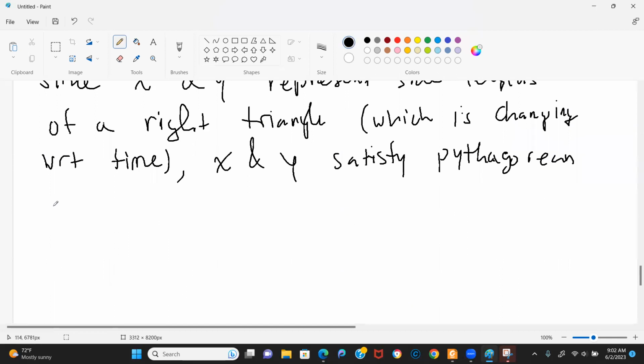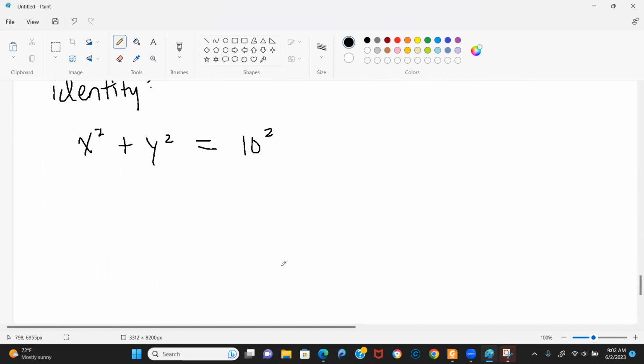Let's say Pythagorean identity. That is x squared plus y squared is equal to the radius squared. The radius, the ladder length, is 10, so it's 10 squared, which is 100.